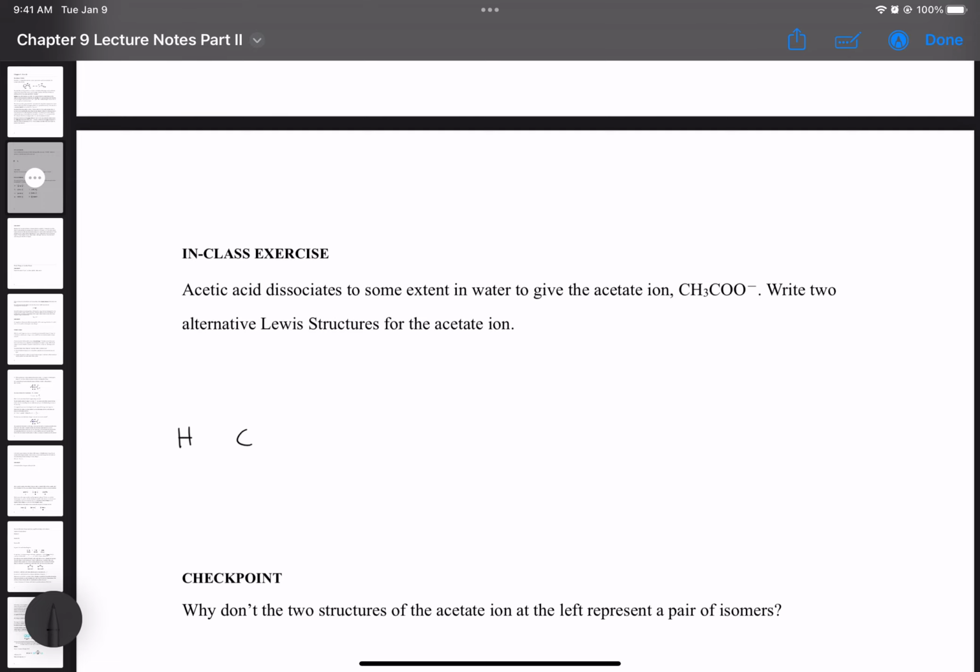We have a CH3 group, and right next to it is COO-. Instead of putting the oxygens together, it's better to have both oxygens bonded to the carbon atom so carbon can have an octet. And then we'll put the negative charge later.